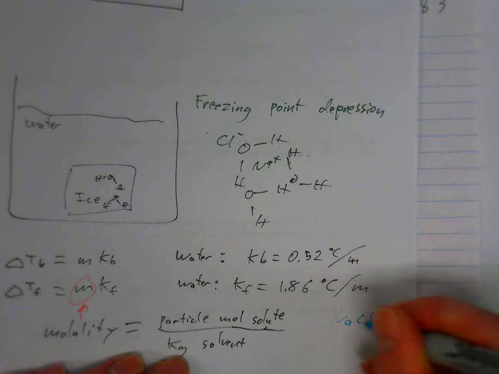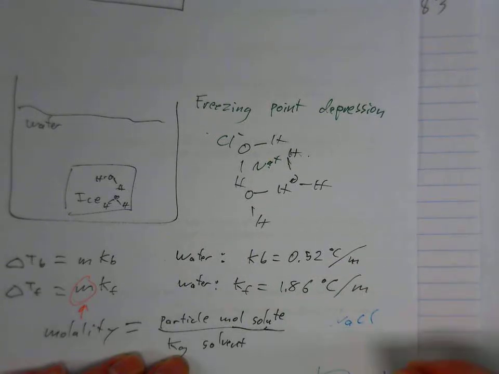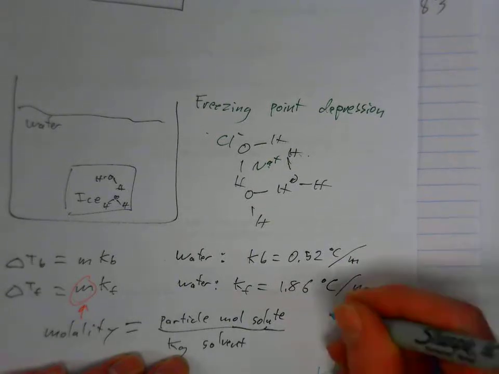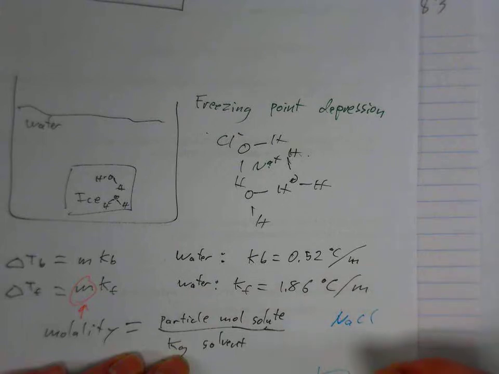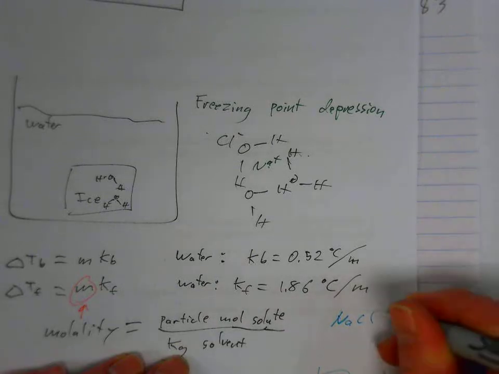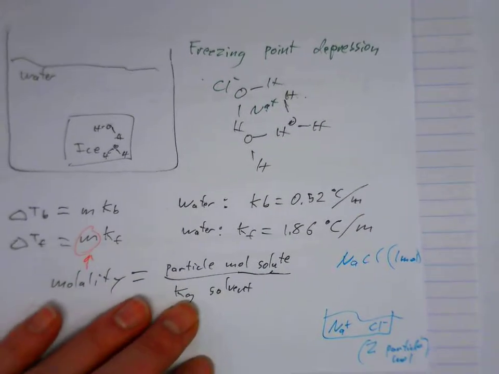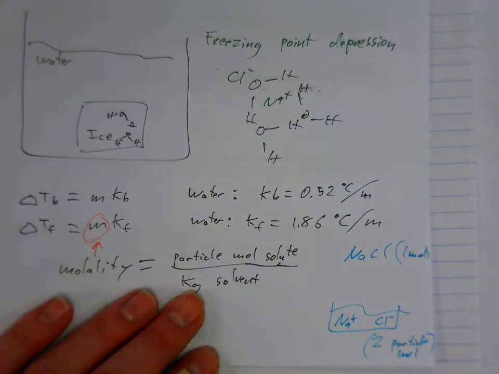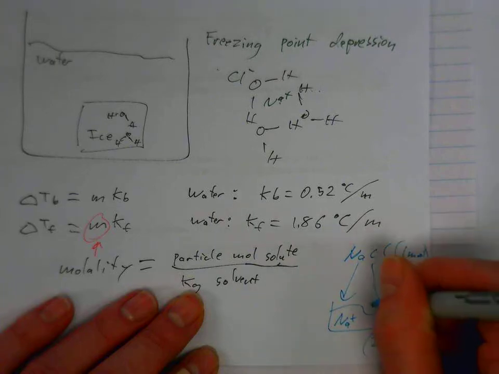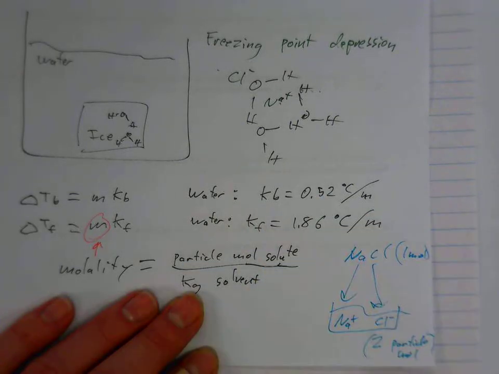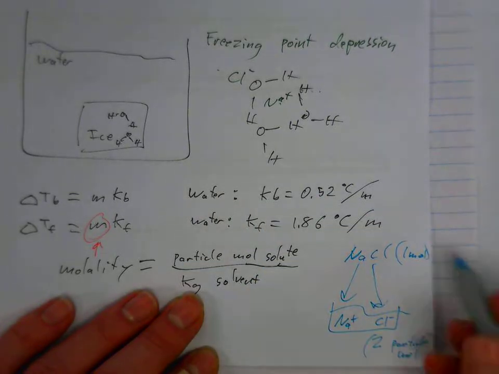So you can start off with one mole of salt that then becomes 2 particle moles. And the freezing point and the boiling point are dependent on the number of particle moles there are. So that's why we need to use molality to solve these problems.